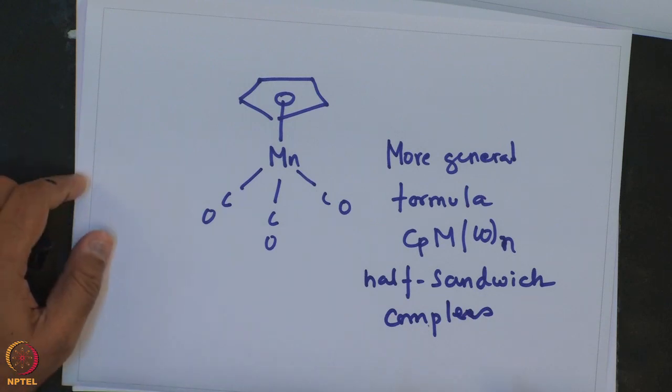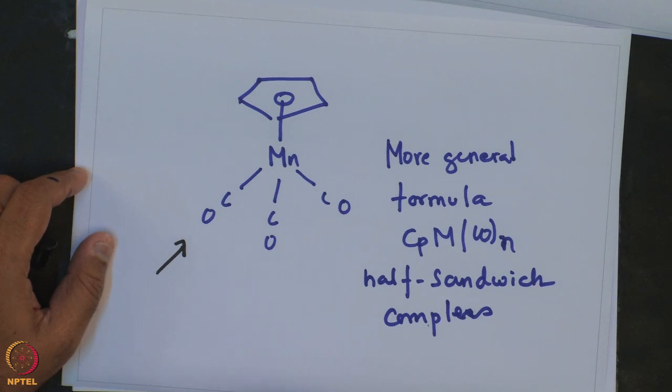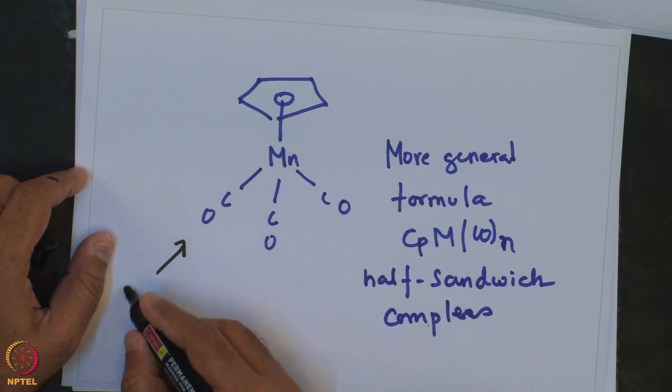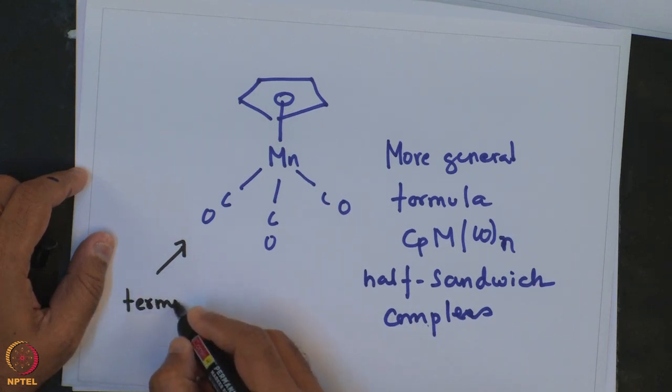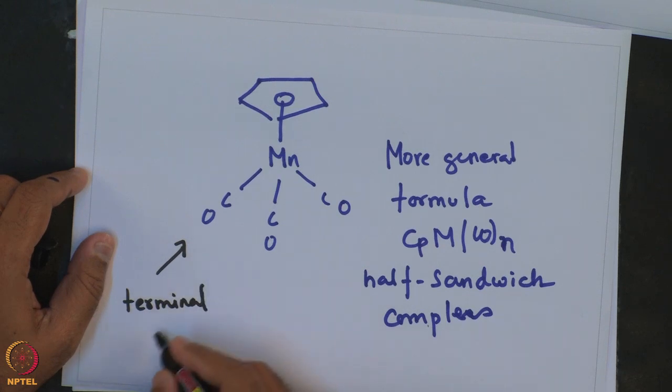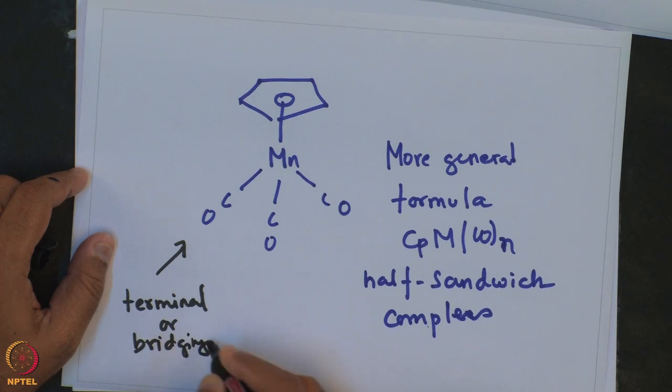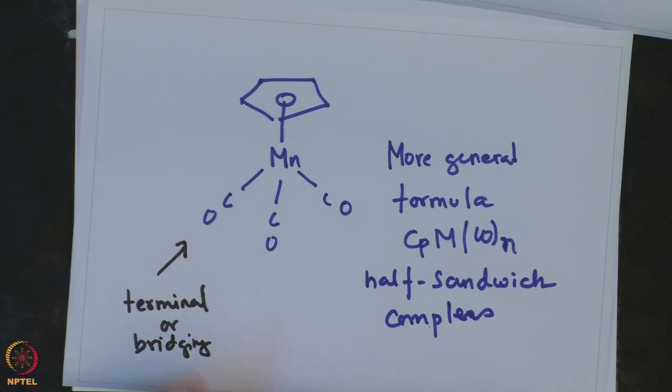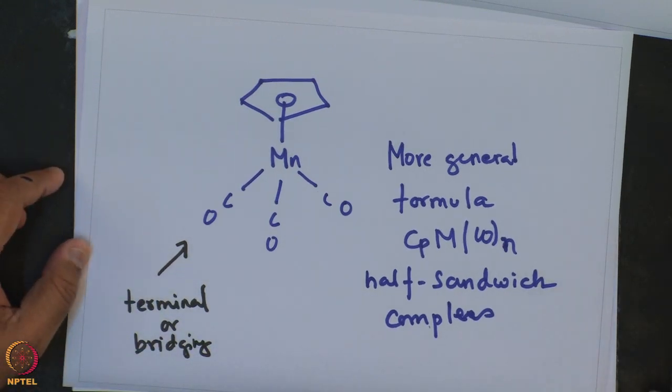Also, another notable thing about these transition metal cyclopentadienyl carbonyl complexes is that these carbonyl moieties can act as terminal or bridging, depending upon the metal centers they are bound to.